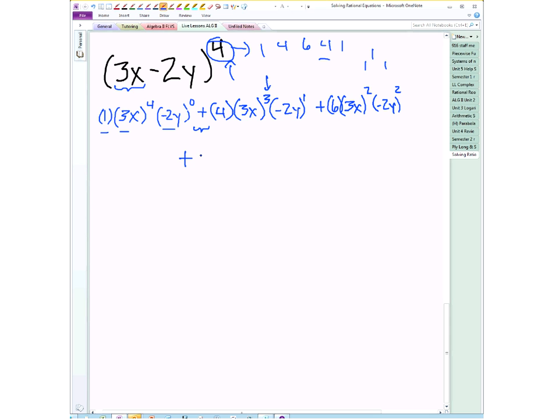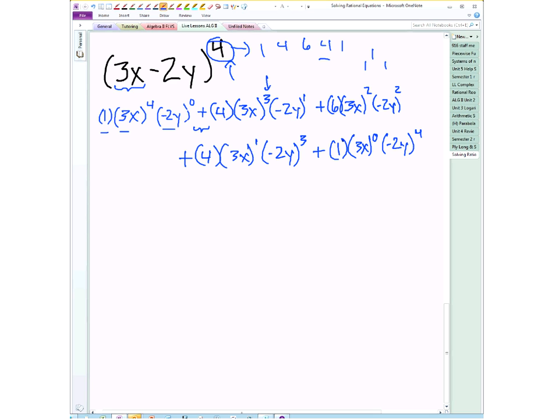Next value on my triangle there is 4, so plus 4 times, now the 3x is to the power of 1. The negative 2y is to the power of 3, plus 1 coefficient from the triangle. The 3x is to the power of 0. The negative 2y is to the power of 4.